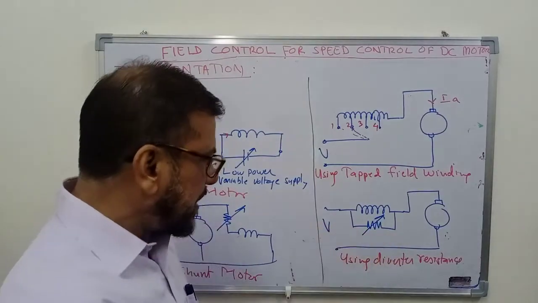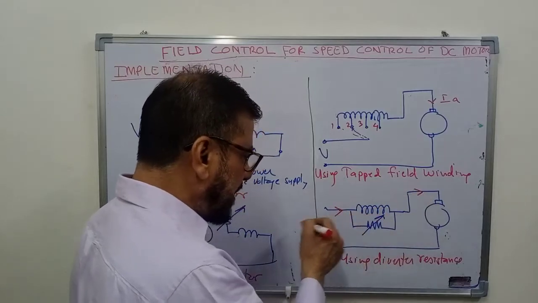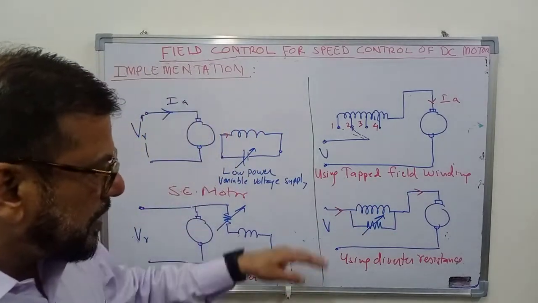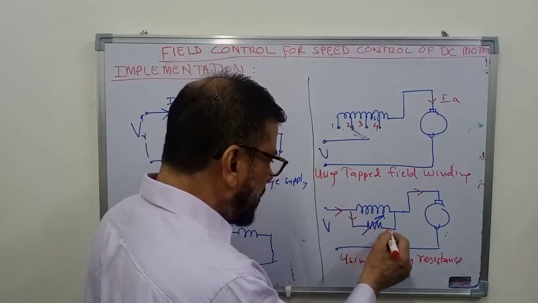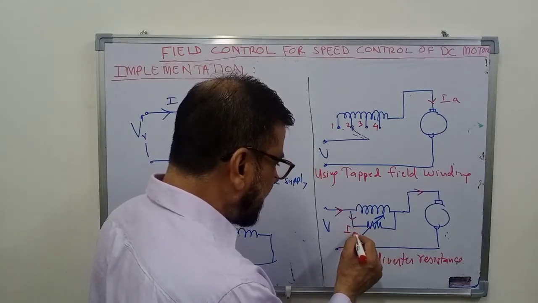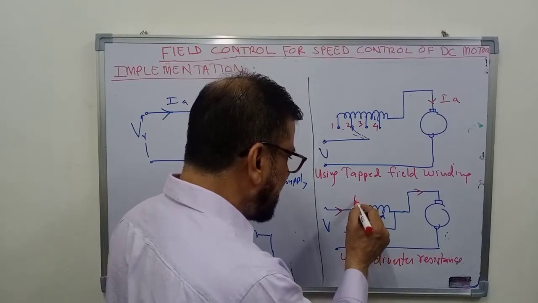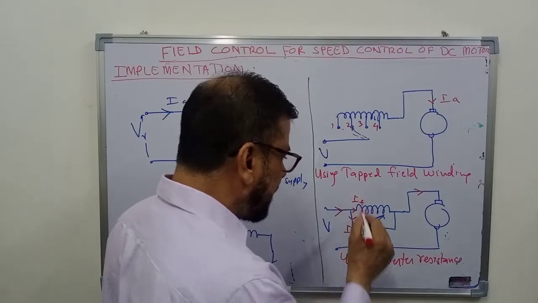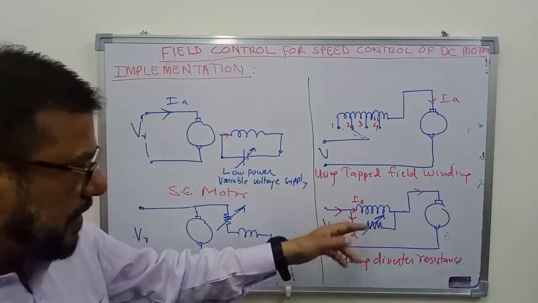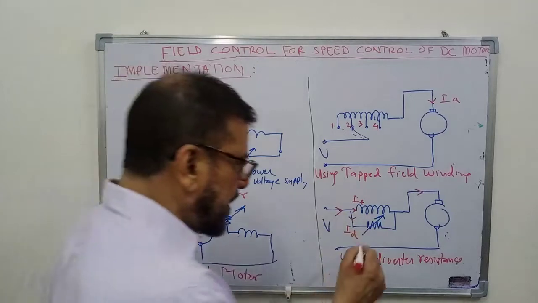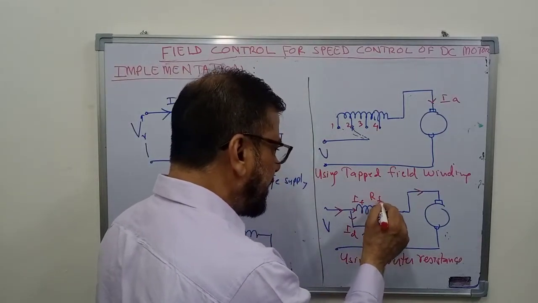The other way is that you can connect a shunt resistance across the field winding. So the current that is drawn by the motor or supplied by the power source here will be divided into two parts. One part will go to the diverter resistance, we call it ID. The other part will go to the field winding, let me call it IF. So this IF will depend on the diverter resistance RD and the resistance of the field winding RF.